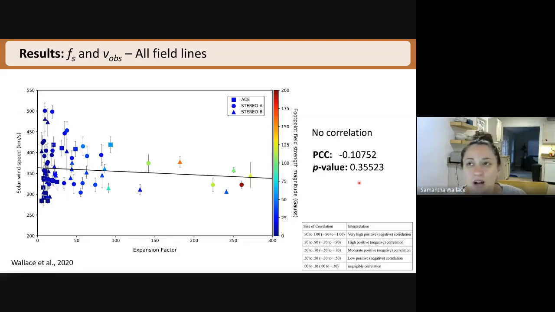Not all of them are pseudostreamers formed in longitude. Some are formed over a span of latitude and vice versa. So if we were to do something like that, it would be just a few cases of pseudostreamers. I'm not super familiar with the CoMP observations and how I would incorporate that, but I definitely think there is something there that could be done that would help validate the model determination of expansion factor.